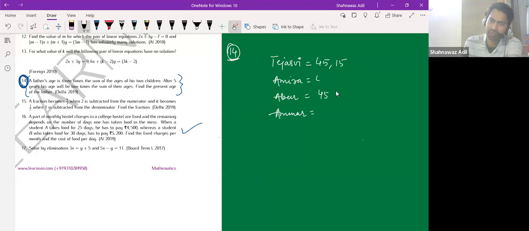So this one, they are asking to find the percentage of father, right? So that is the extra thing. Yes, Amira and Amal, what do you think?